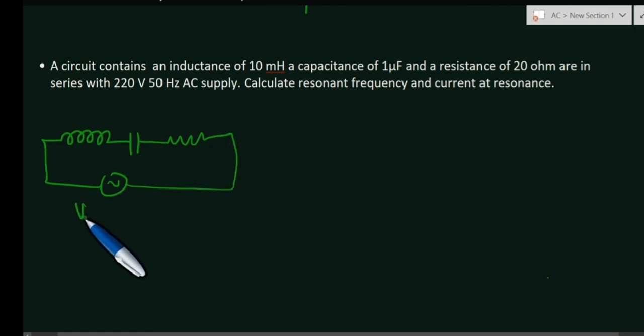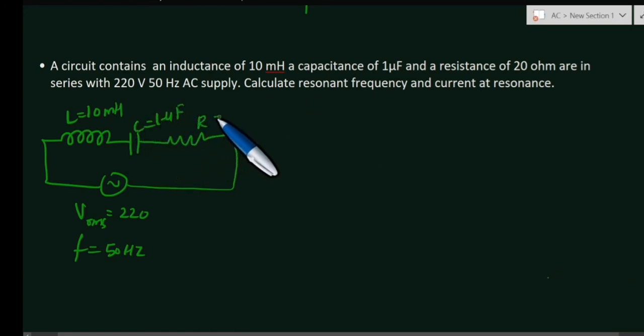The RMS value is 220 volt and F value is 50 Hertz. L is 10 millihenry, C is 1 microfarad, and R is 20 ohm.